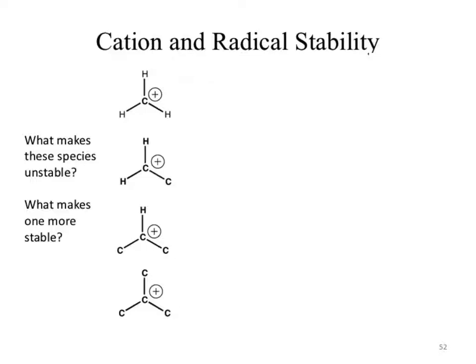What would make them more stable? Being near more electrons, right? So let's take a look at that carbon. What is close to that first carbon? Closest thing. Hydrogen is not the closest thing.